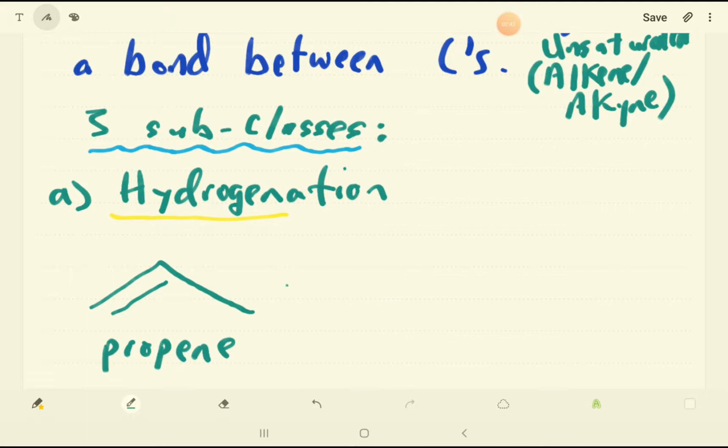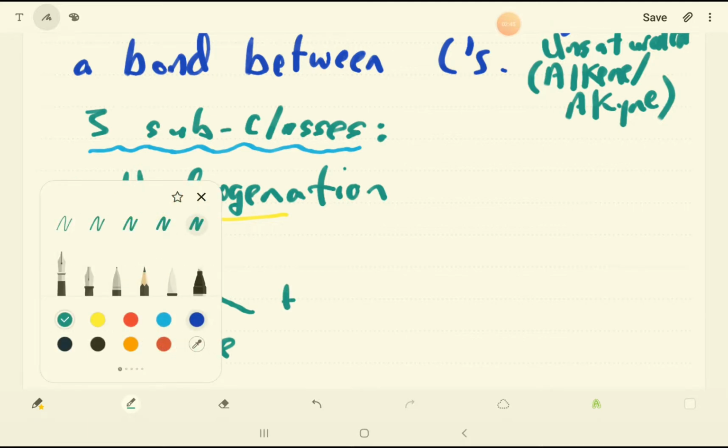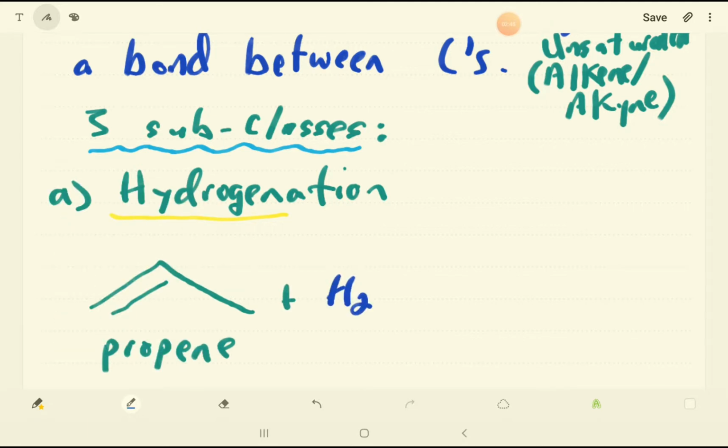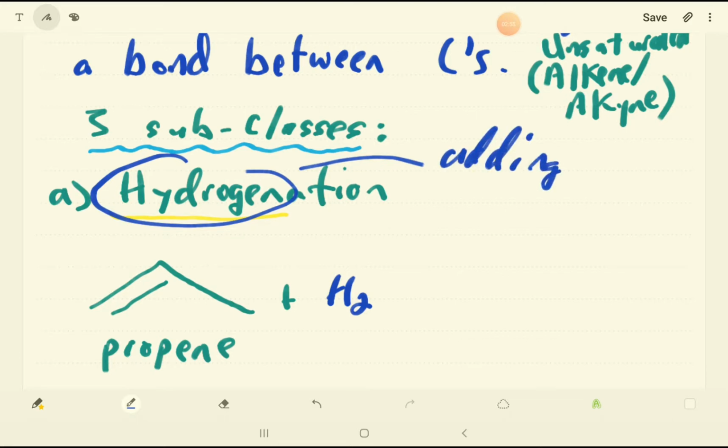So propene plus H2. Okay, and so what you're really doing here, the addition, when it comes to hydrogenation, is adding elemental hydrogen gas. Okay, and so this is what happens.